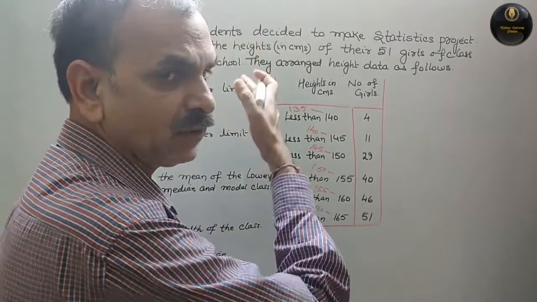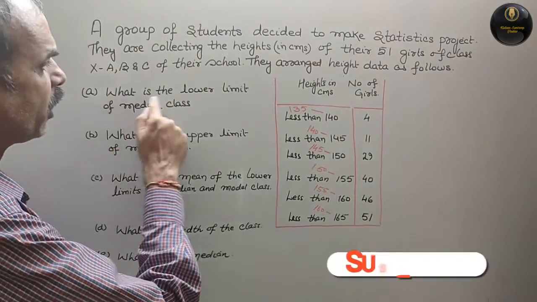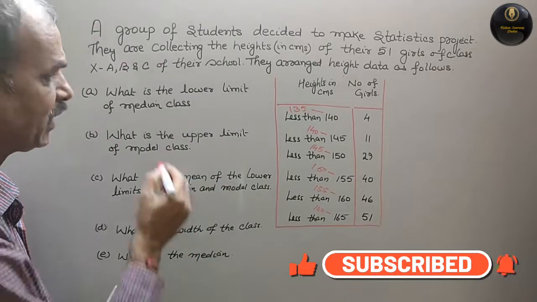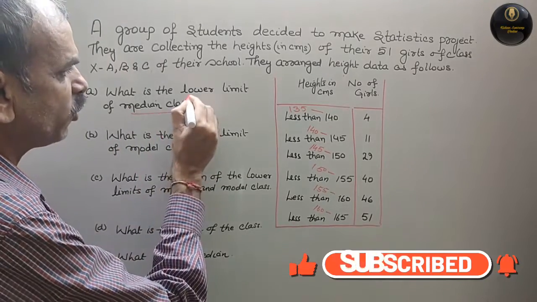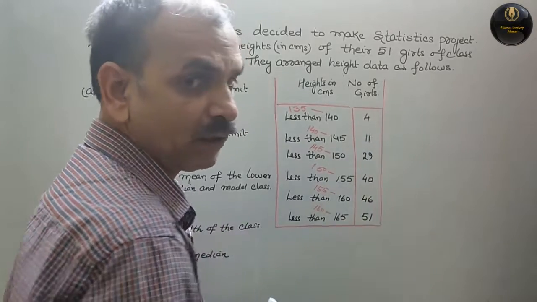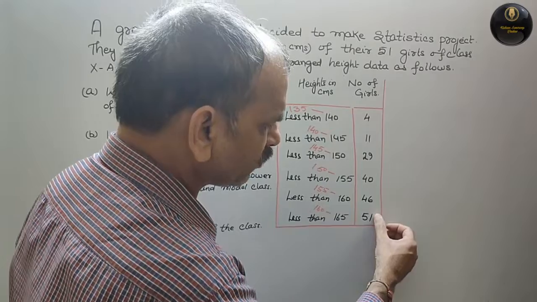Now we will see what questions they have asked. What is the lower limit of the median class? They have asked the lower limit of the median class. So if you see the frequency, how they have given? 4, 11, 29, 40, 46, 51.